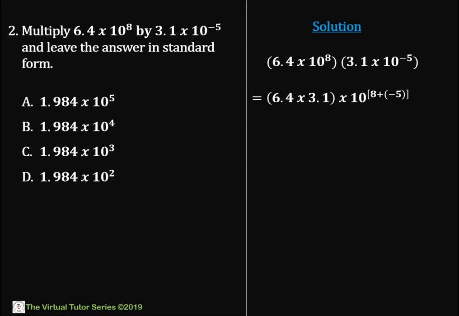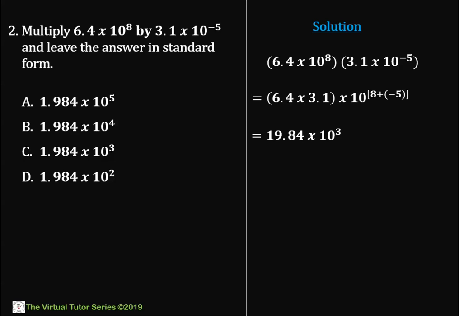Hence, we have 10 raised to the power 8 plus negative 5. 6.4 times 3.1 is equal to 19.84, and 8 minus 5 is 3. So we have 19.84 times 10 to the power 3.